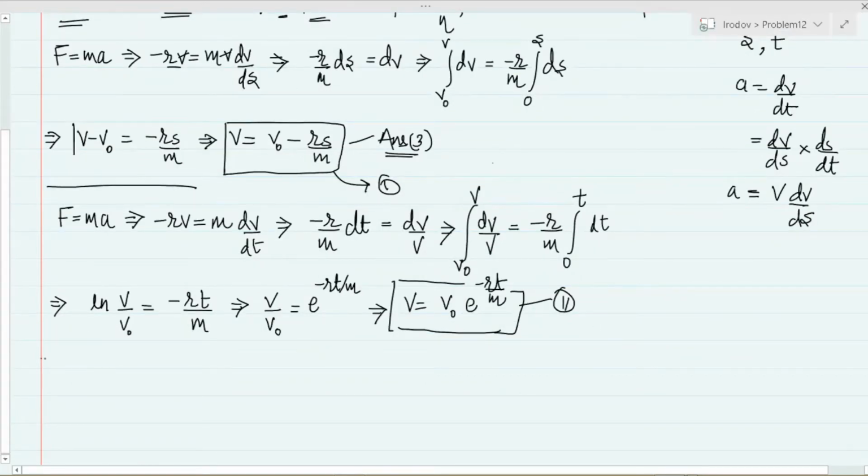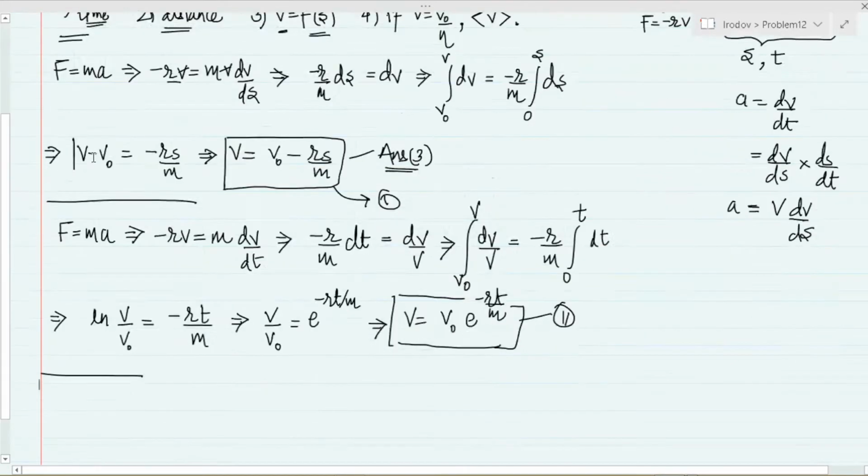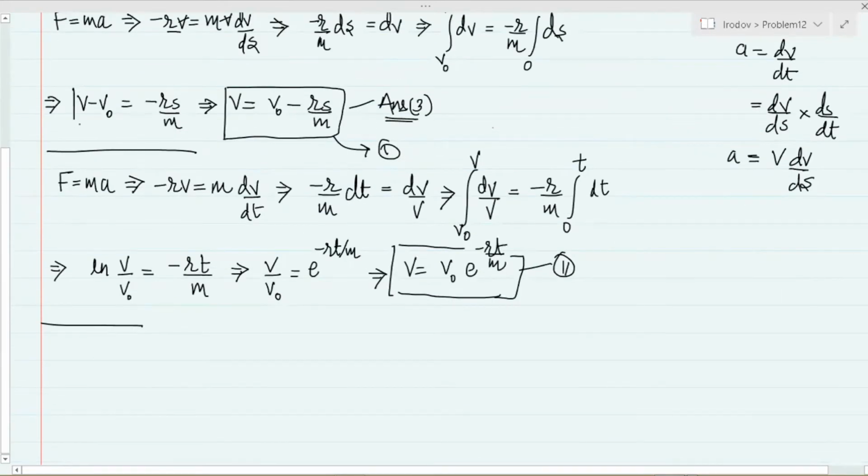So we'll come to the questions now. What was the first thing that they asked? They asked us the time it requires to stop. So we'll use equation number 2. From equation 2, v, the velocity at the time it stops, is equal to 0, and the initial velocity is v naught e to the power of minus rt divided by m.